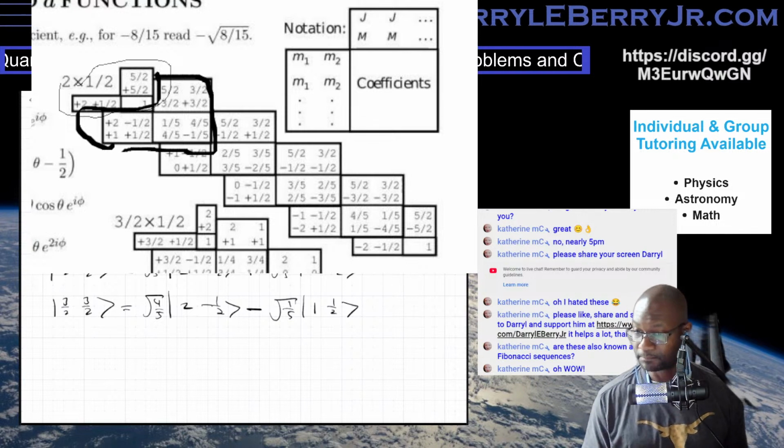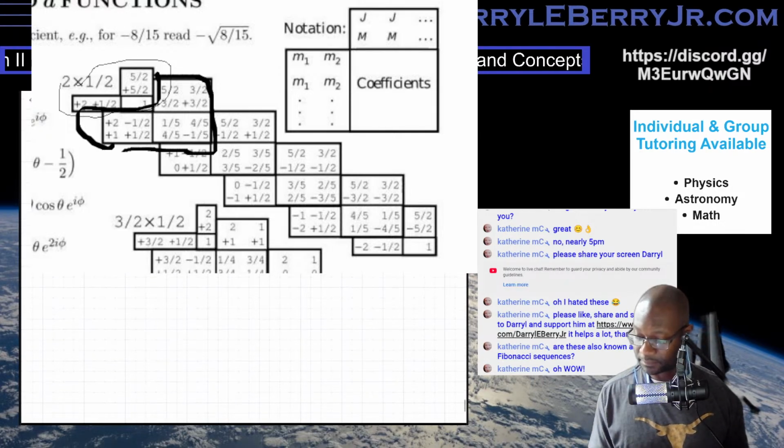So let's say, for instance, I wanted to, it's hard for me to think of a problem because I don't think I understand it all well enough to think of an accurate problem. So this might not be quite accurate. But let's say I wanted the probability of finding a sub m2 and -1/2.